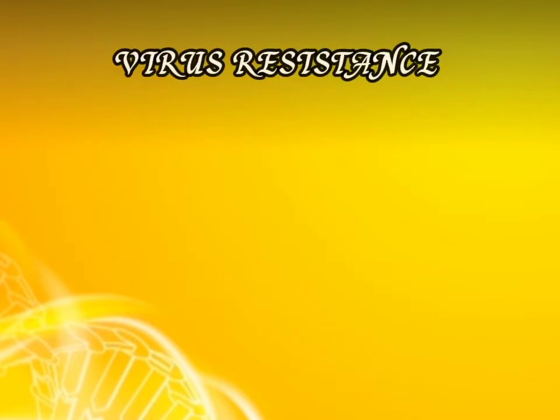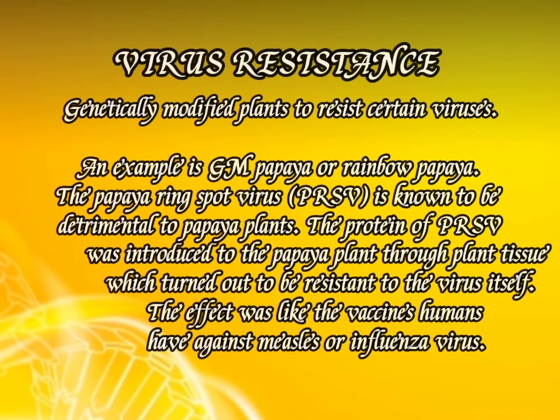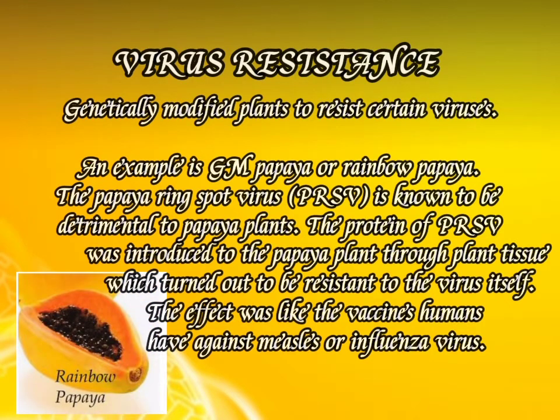The next one is virus resistance. Virus resistant plants are genetically modified to resist certain viruses. An example of this is the GMO papaya, or rainbow papaya. The papaya ring spot virus is known to be detrimental to papaya plants. Meaning, this is a virus that only affects the papaya, since it is called papaya ring spot virus.